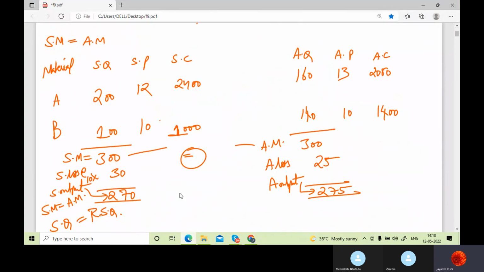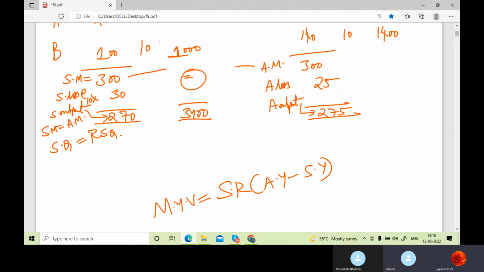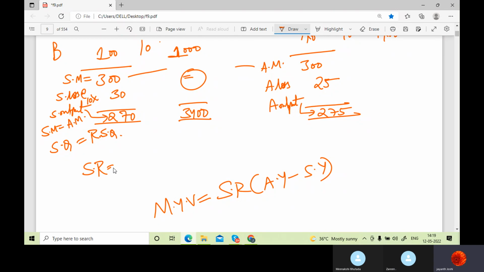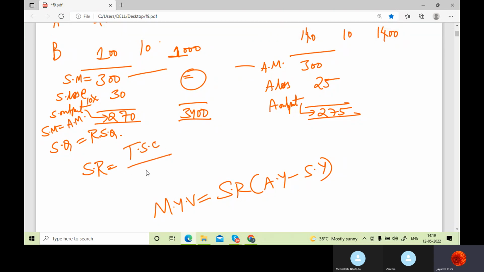Standard rate is nothing but, what is this? 2400 plus 1000 is 3400, correct? This is the standard mix, actually the total standard cost. So standard rate is equal to total standard cost divided by standard output. So 3400 divided by 270.